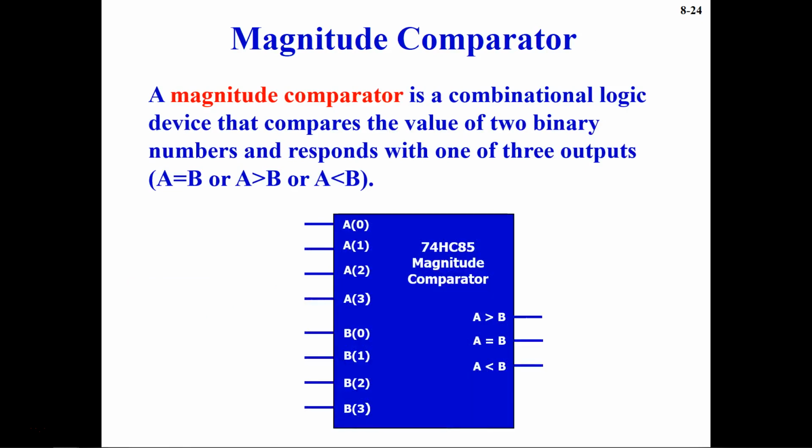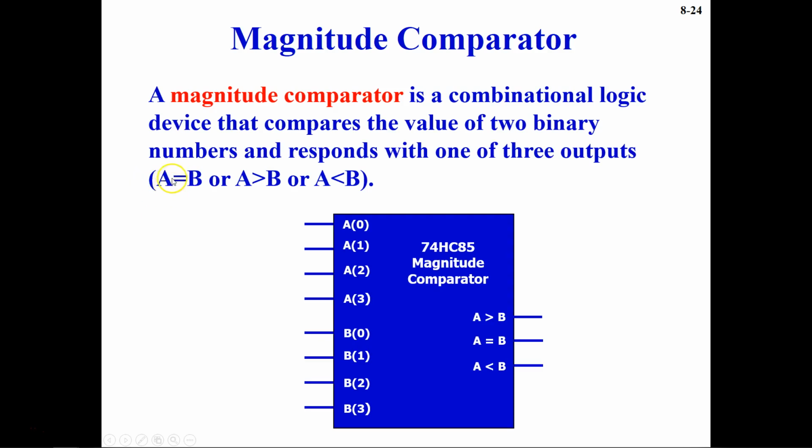Now, the next topic is the magnitude comparator. A magnitude comparator is a combinational logic device that compares the value of two binary numbers and gives the output based on that comparison. There are three comparison outputs: A and B are the two inputs, and it does the comparison.